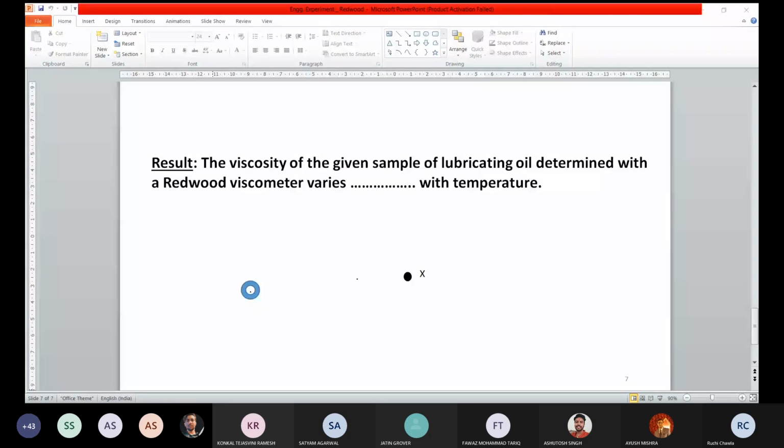Are there any other questions from today's experiment? Ma'am, in case of viscosity, can we do this with any liquid like water or anything?